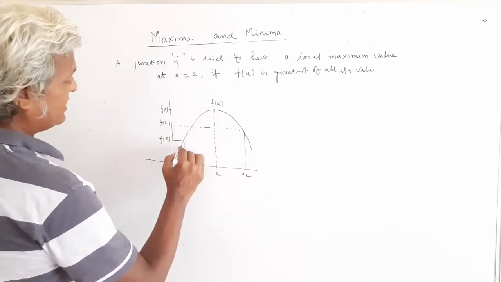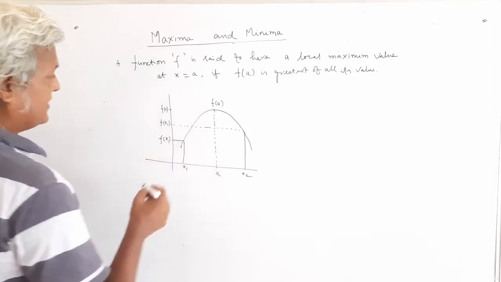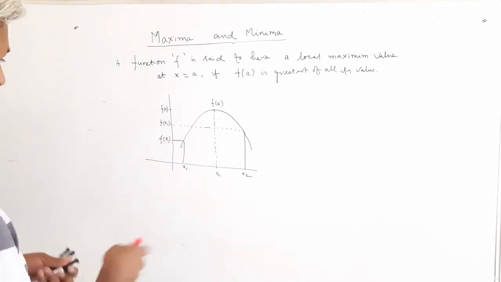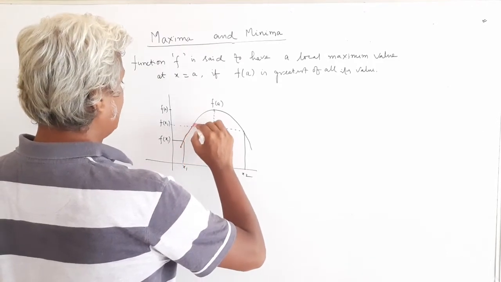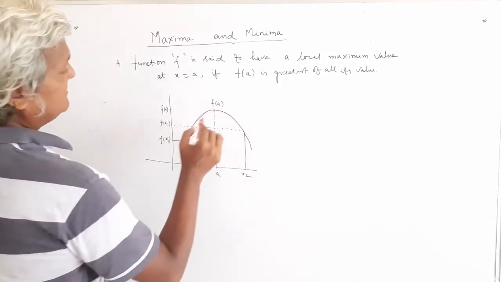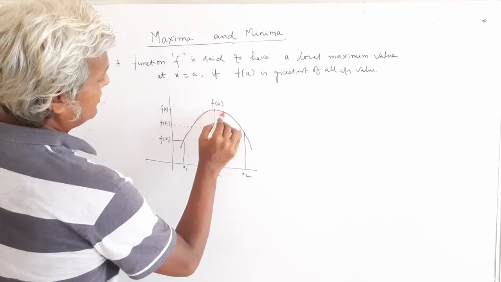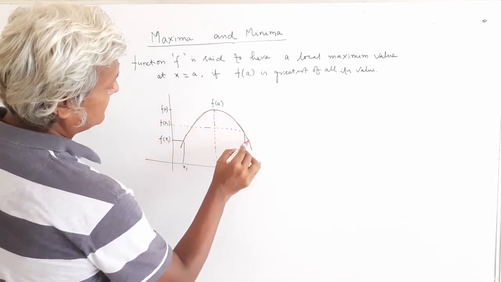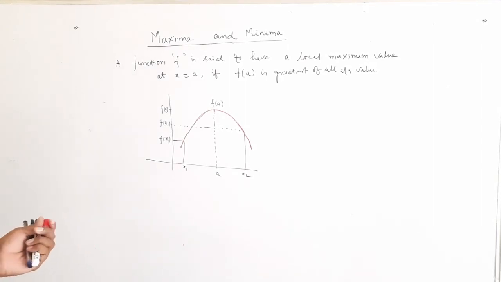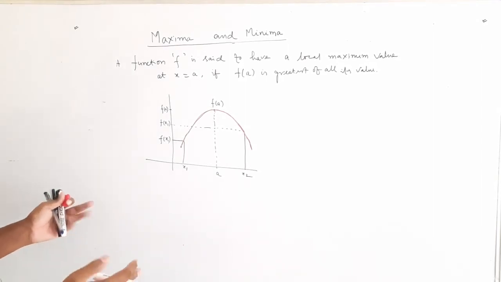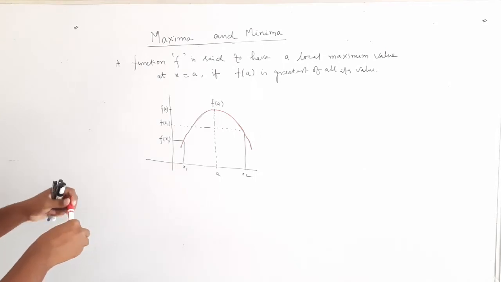So from here to here the value of the function is increasing, and from here to here the value of the function is decreasing. In the light of the previous video where we discussed increasing and decreasing functions, just look at this tangent.